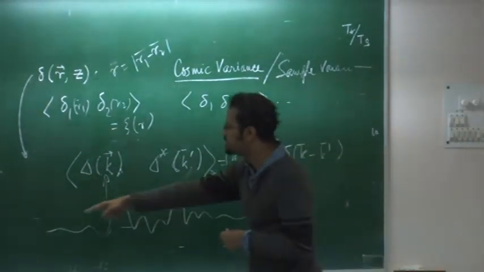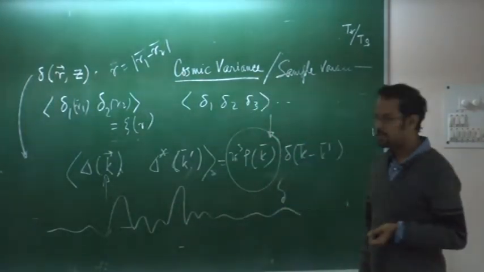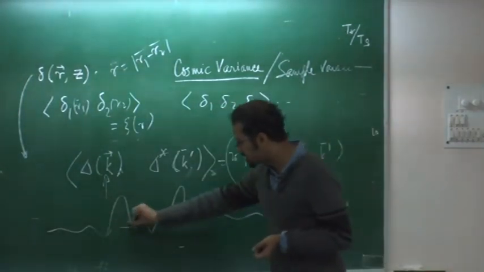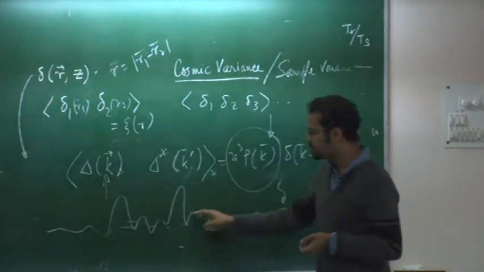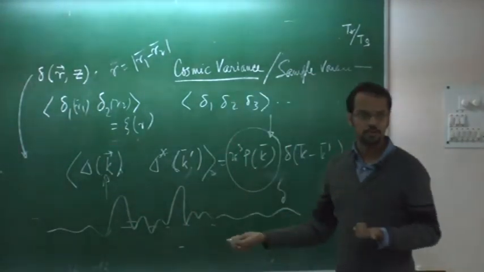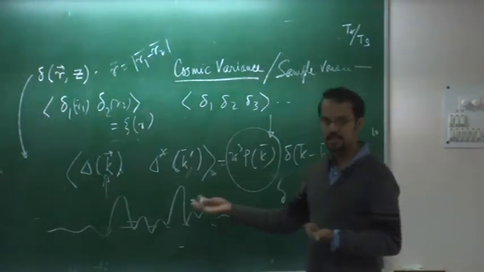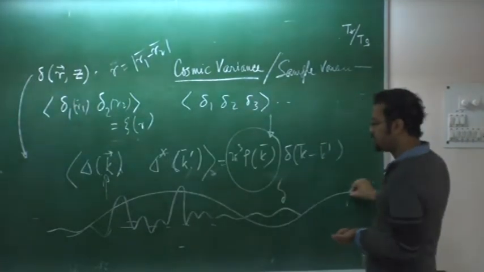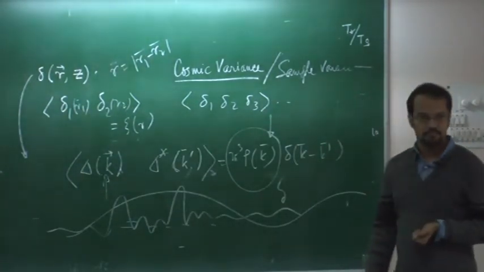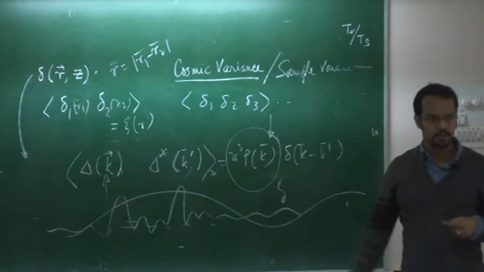If I look at this 1D field, you can see there is some oscillation with roughly this wavelength. You can immediately say that this frequency is going to be the dominant frequency. Dominant k would be this length scale. You don't have a wave like this, which is a very large scale fluctuation.